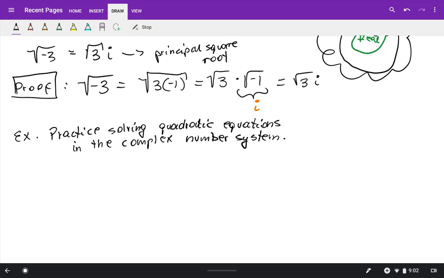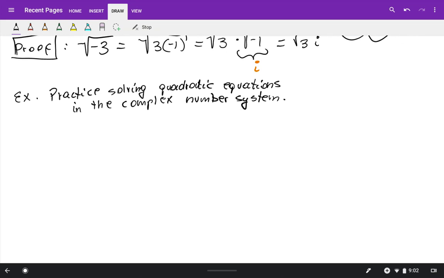When you're solving equations in a complex number system, those are the ones which you won't be able to factor using the AC method. So use the quadratic formula for them.